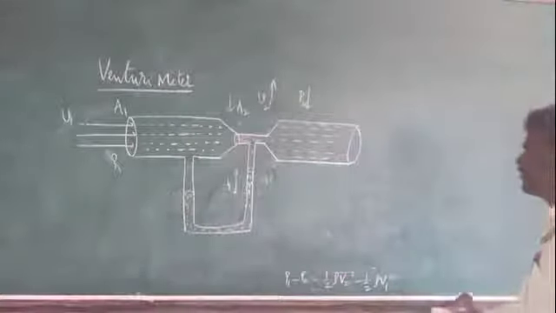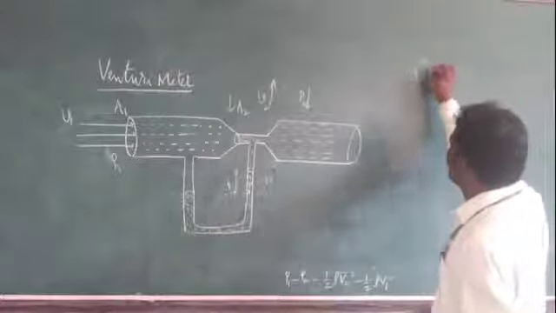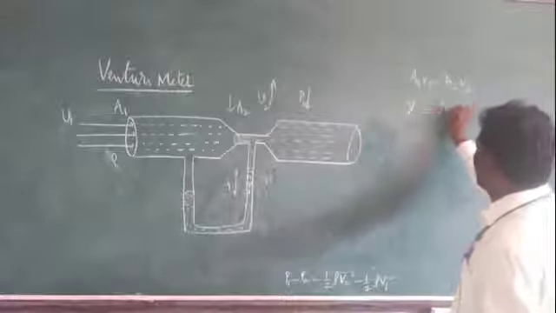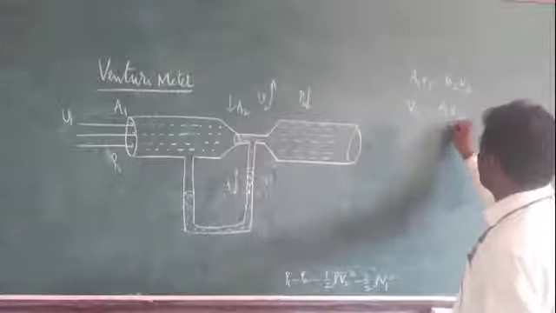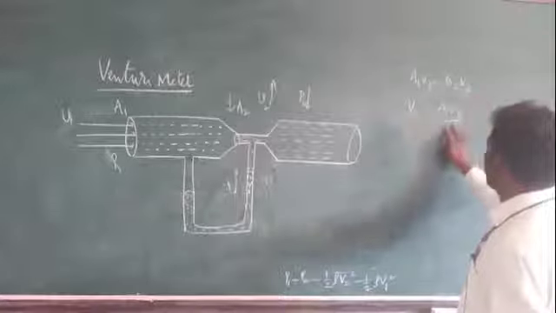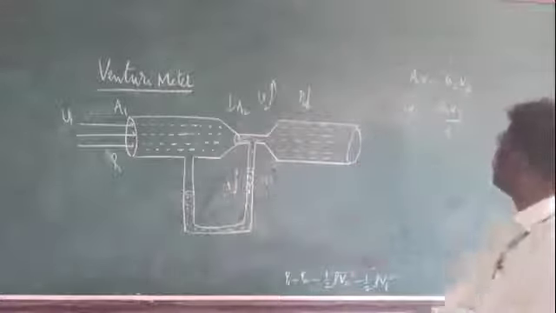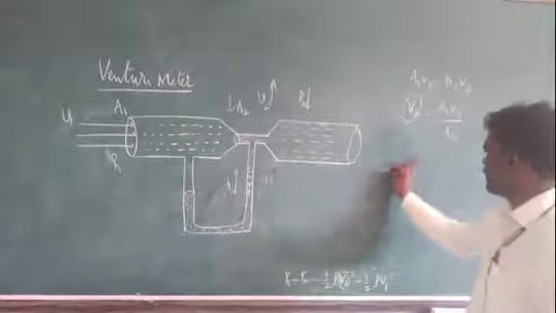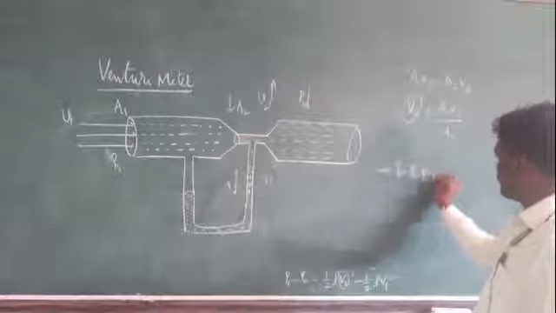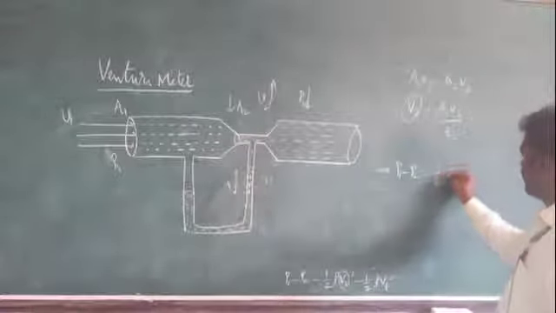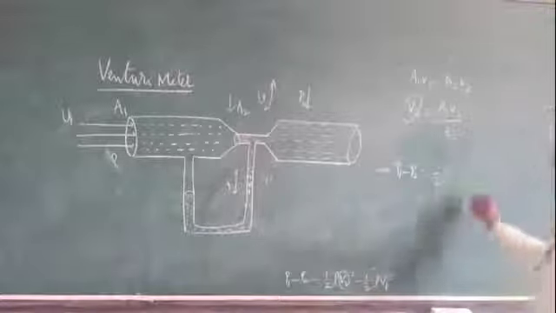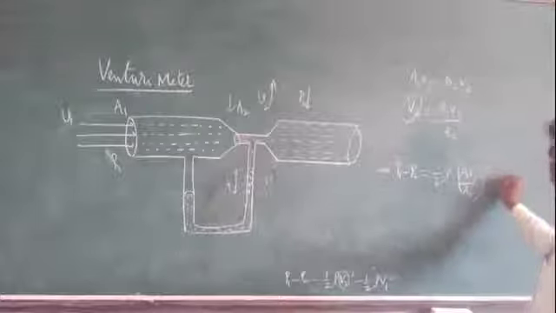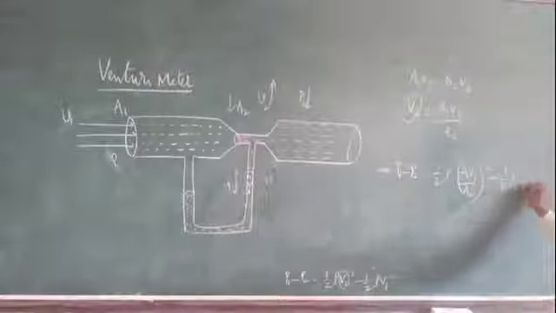According to the equation of continuity, A1 V1 equals A2 V2, so V2 equals A1 V1 by A2. This V2 value we can substitute in this equation. P1 minus P2 equals half rho into (A1 V1 by A2) whole square minus half rho V1 square.